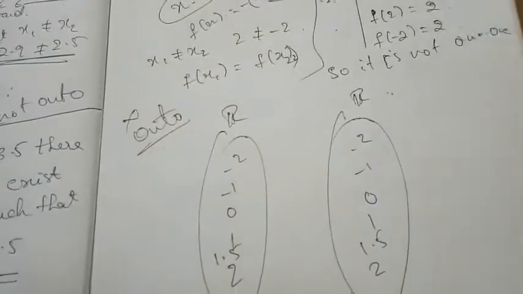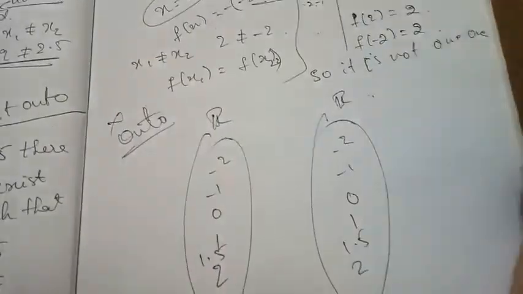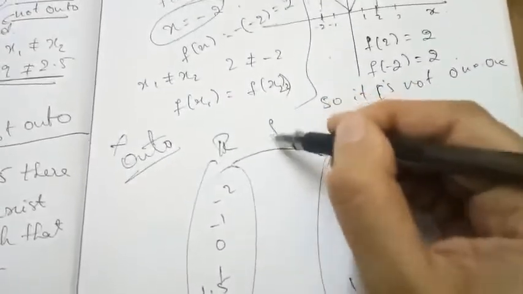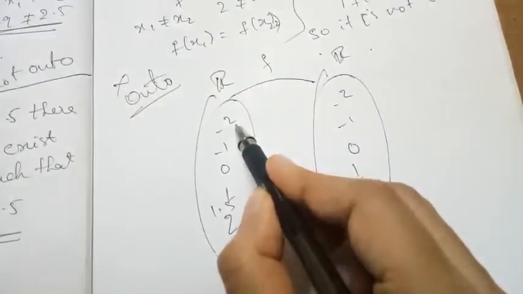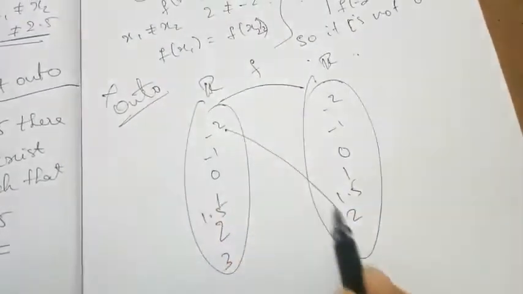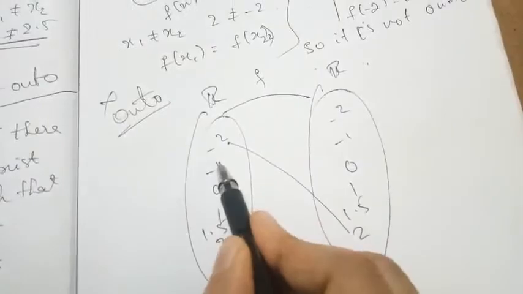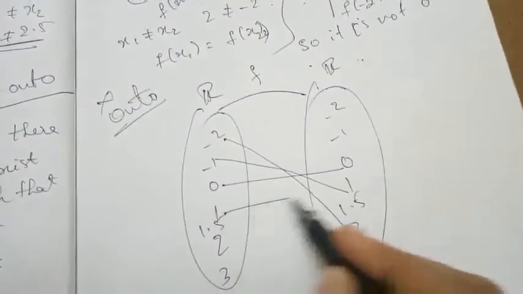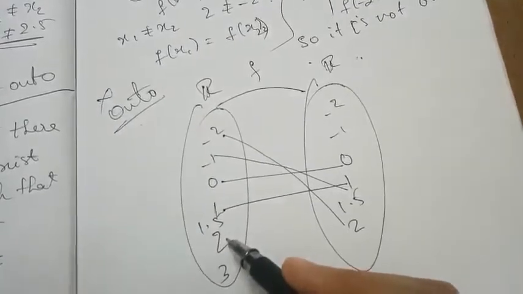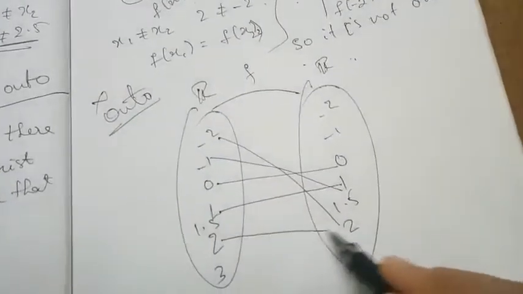This will be our domain and codomain for the function f. What they have said is f of x is equal to mod x. So when x is equal to minus 2, the value will be 2 itself. When x is equal to minus 1, it is 1 itself. For 0, it is 0. When it is 1, it is 1. When x is equal to 2, it is 2 only.